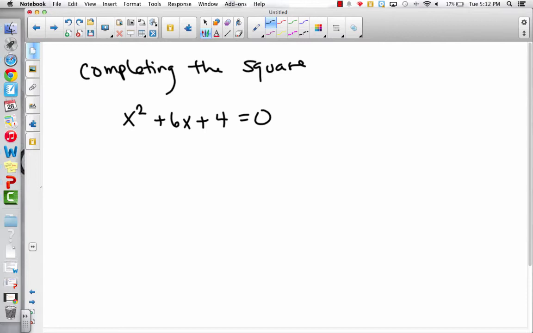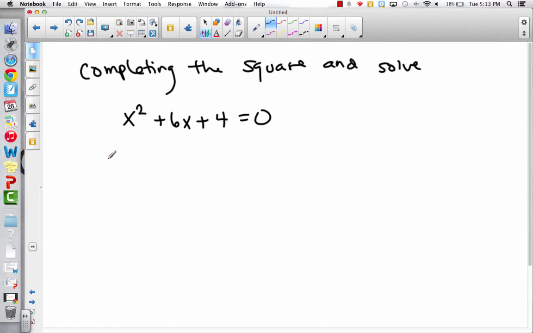Well, usually we would sit here and we'd try to factor this, and this is a little bit more difficult because this one doesn't factor nicely. Okay, so we can't really use any specific method for this one. So by completing the square, we can make this factor really nicely. And so what we're going to do is complete the square, and then we're going to solve.